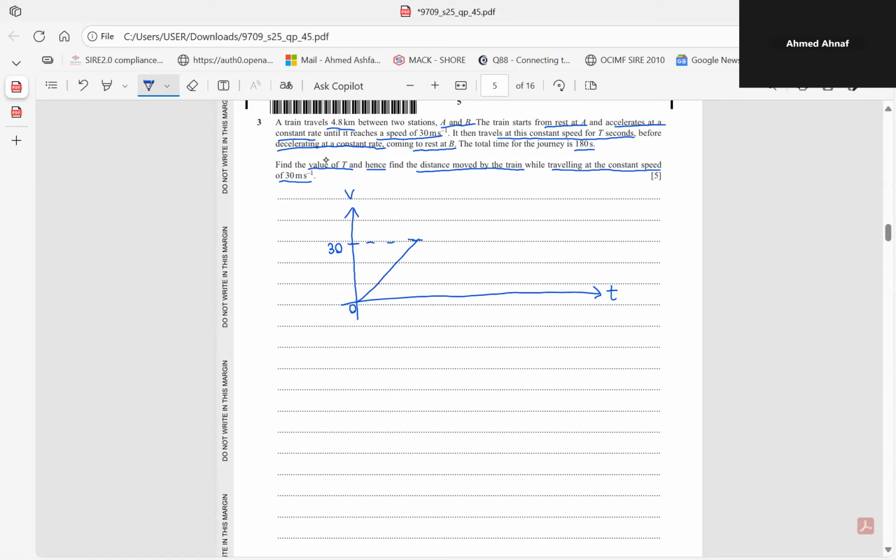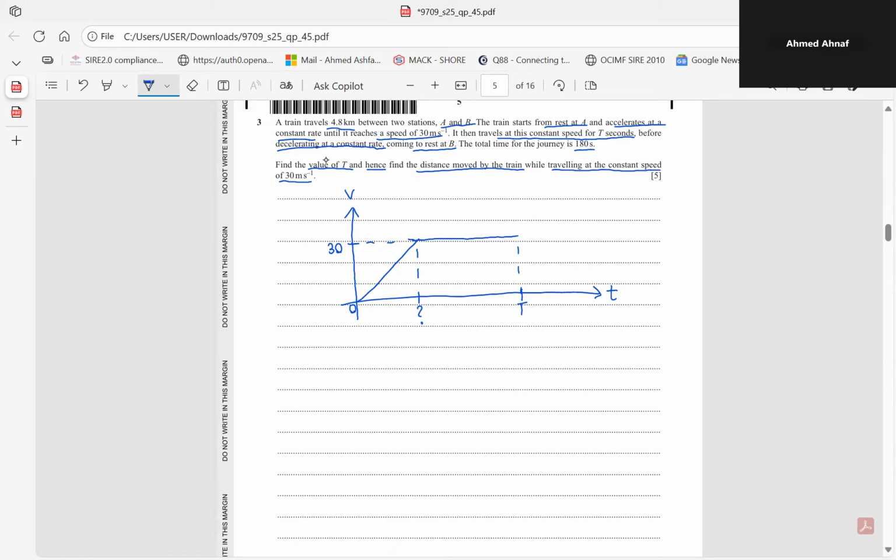And then it travels at this constant speed for t seconds. So we're going to let this be t. They did not say what the time here is. And then after t seconds, it starts to decelerate at a constant rate.